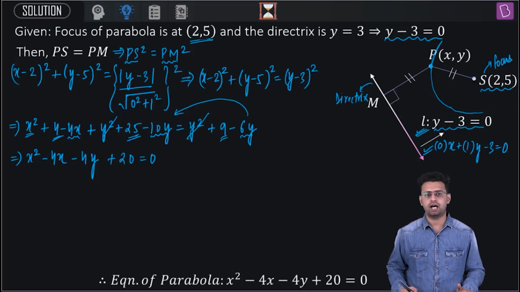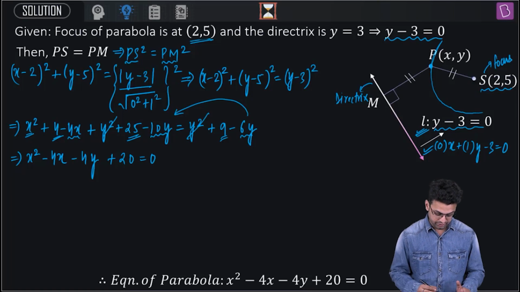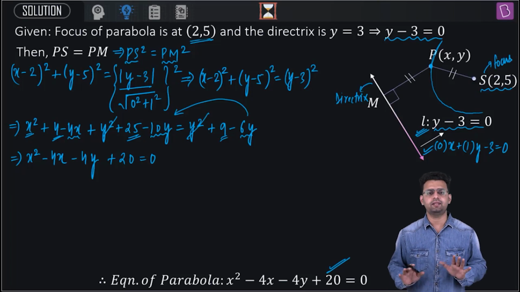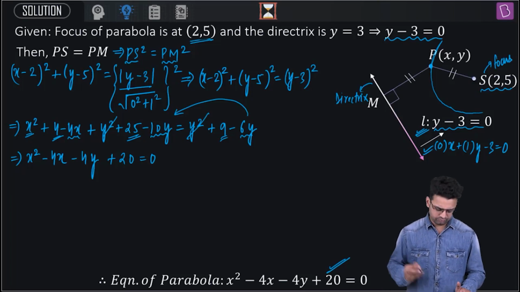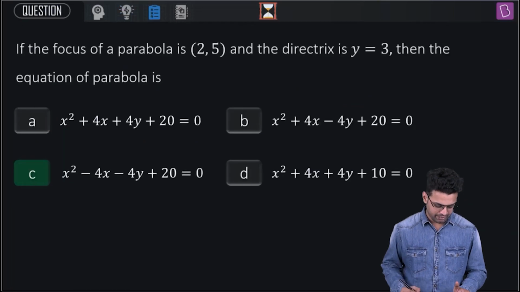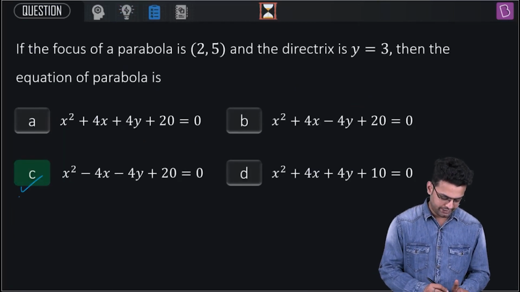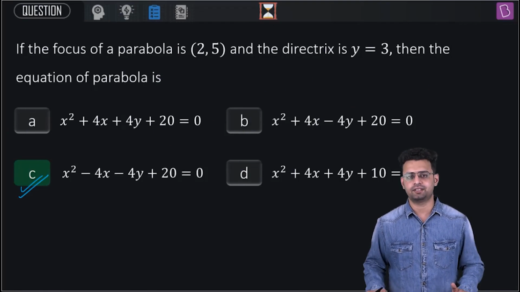And this is what our required equation of parabola is going to be. So the final equation is x square minus 4x minus 4y plus 20 is equal to 0. Cool? Easy. Let us go and have a look at the options part. Yeah, option C is the absolutely correct option.